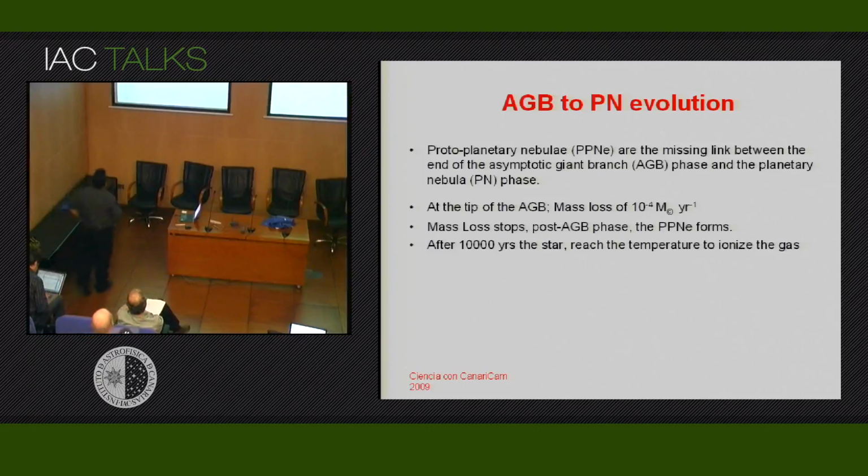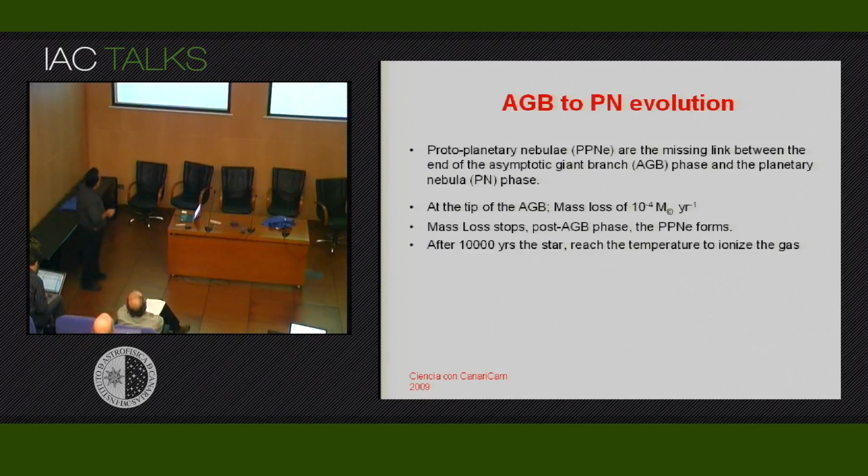I'm going to talk fast about why it's important to study protoplanetary nebulae. Let me start from the AGB to planetary nebula evolution. The protoplanetary nebula is a very short phase where very few objects are known, so we can call it a missing link between the asymptotic giant branch and the planetary nebula.